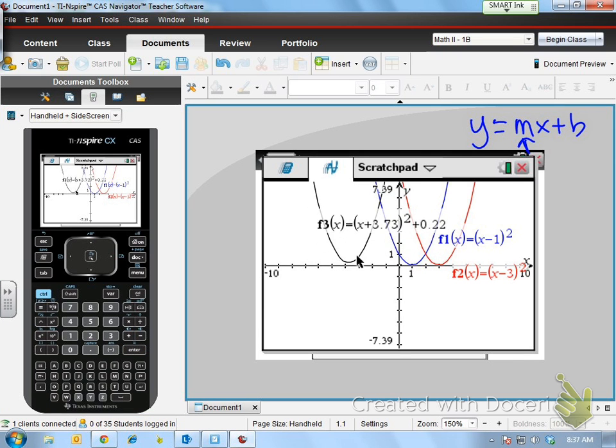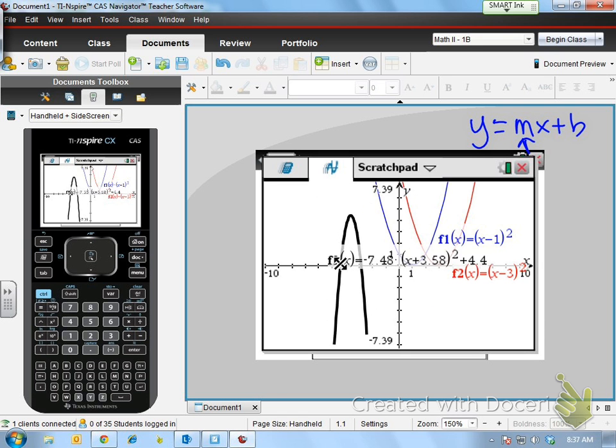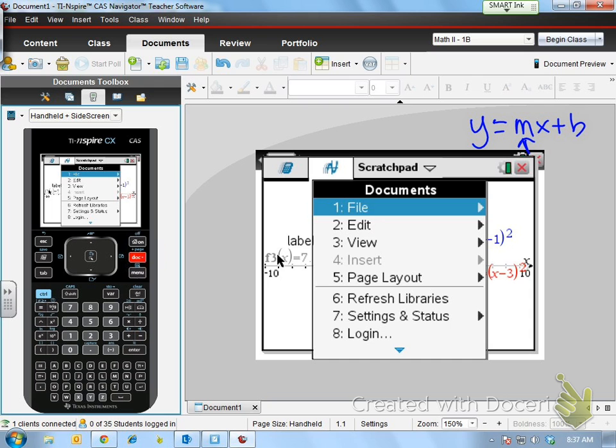What would happen if we move it up and down? What's going to change? There'll be a minus on that. Ah, and now it flipped. Come on.